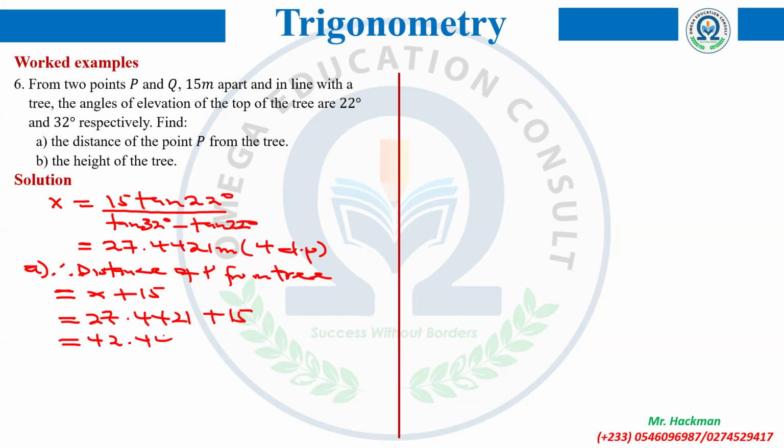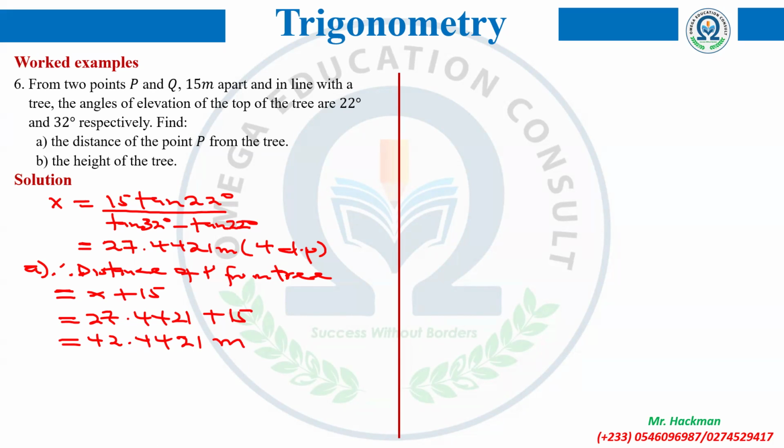Don't forget your final unit, and that will be what? Meters. You don't indicate 4dp because you already indicated that there's a 4dp approximation, and your answer is also exact 4dp. Here, there is no required approximation. Was there any required approximation? No. So it means we leave our answer in the 4dp.